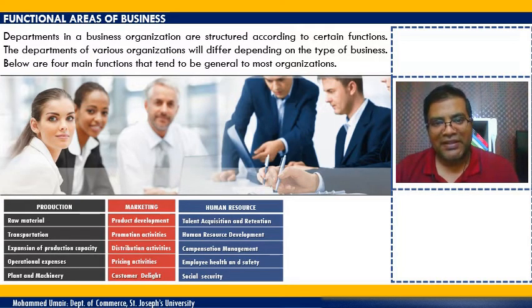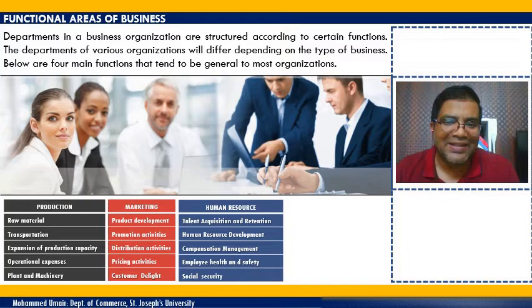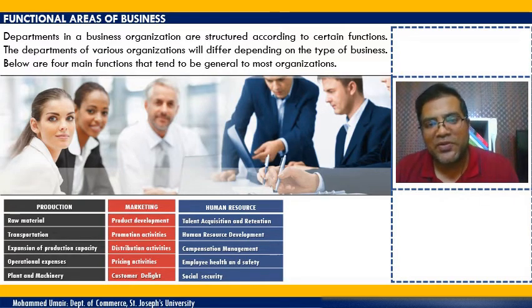So therefore, ensuring that the employees are motivated and satisfied seems to be a Herculean task for human resource managers. Some of the important functions performed by the human resource management department begin with human resource planning, that is, estimating how many employees are required, when they are required, and how they should be hired. That is the starting point of human resource management. It is called human resource planning.